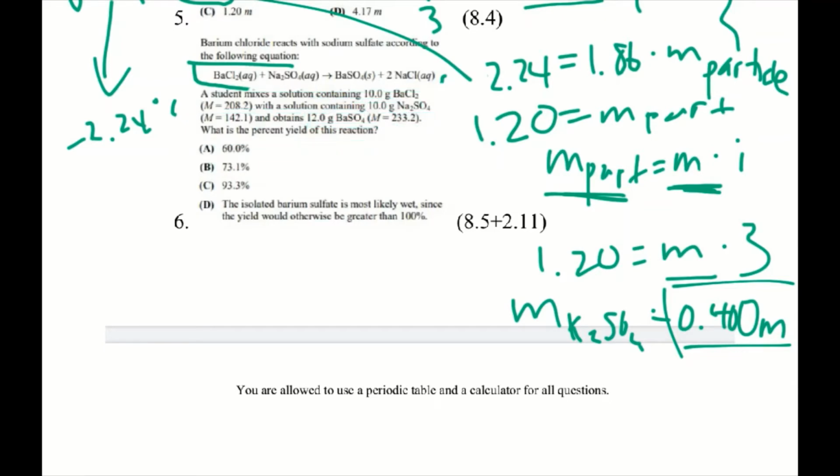So we have to convert everything to moles before we start. So 10 grams of barium chloride, so 10 divided by 208.2 will actually give us 0.0480 moles of barium chloride.